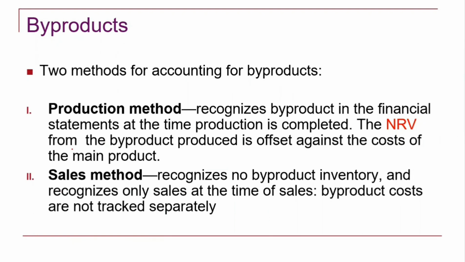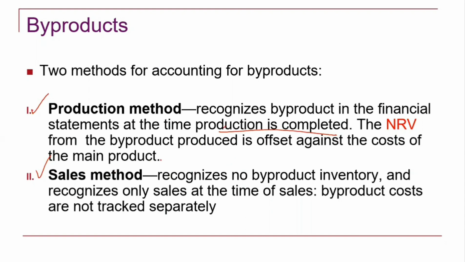So we have two methods for accounting for byproducts. We have production method and the sales method. Sa libro, iba lang ng konti tawag pero parehas po talaga siya. Recognizes byproduct in the financial statements at the time production is completed. So once na lumitaw si byproduct, i-account na po natin yung byproduct.